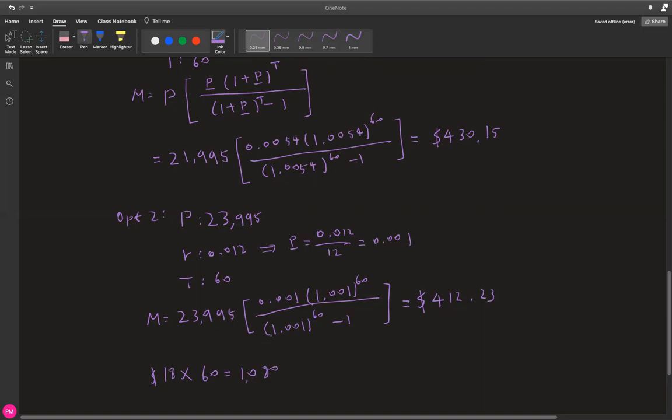If you really think about it, paying over $1,000 on a $23,000 car, I don't think that's a good deal. So even though each month it may not look like a big deal, at the end you are really paying over $1,000 more if you decide to go with option 1 in this case.